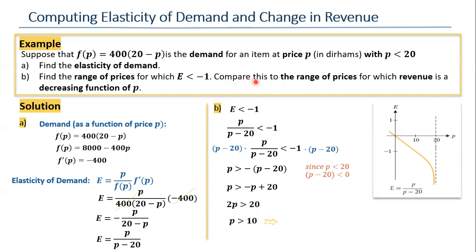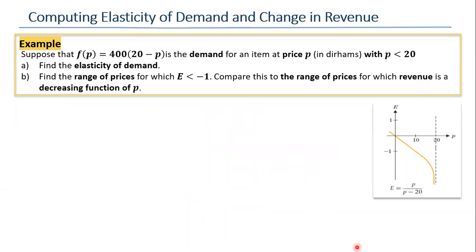Now compare this to the range of price for which revenue is decreasing. So p less than 20 and p greater than 10, so p is between 10 and 20. Clear? This is the range of price for which E is less than negative 1.